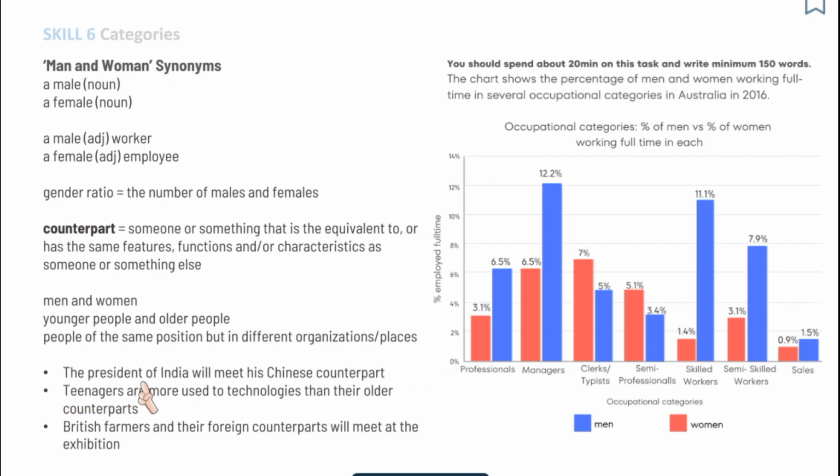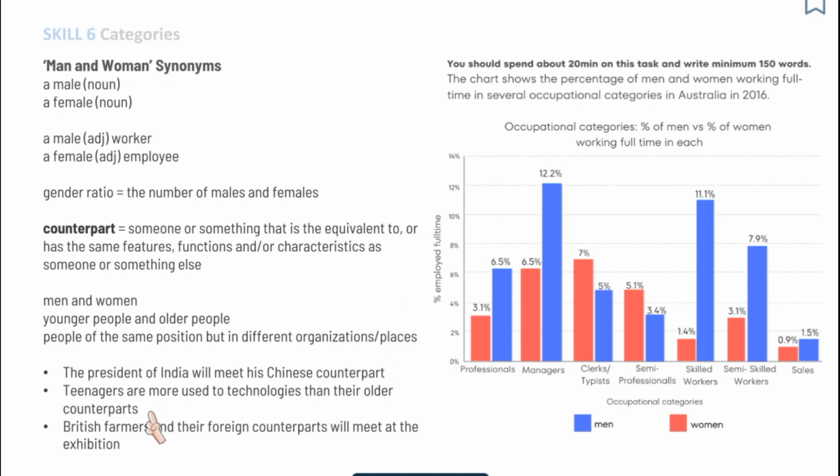The President of India will meet his Chinese counterpart. So as you can guess, counterpart means president here. So the President of India will meet the President of China. In other words, the President of India will meet his Chinese counterpart.